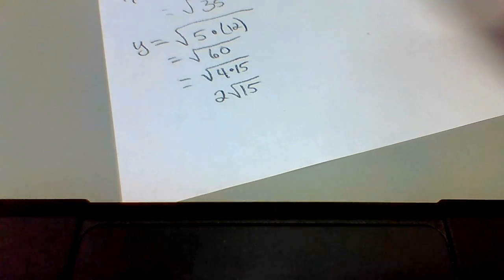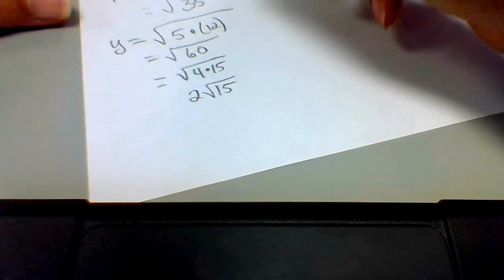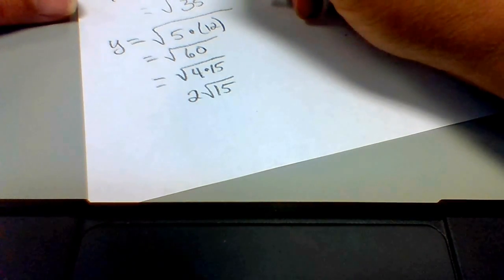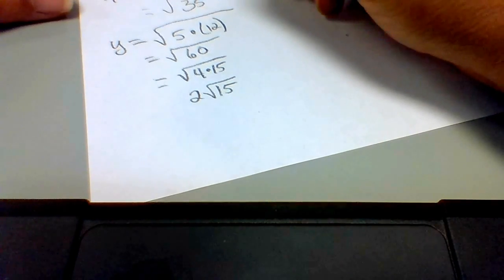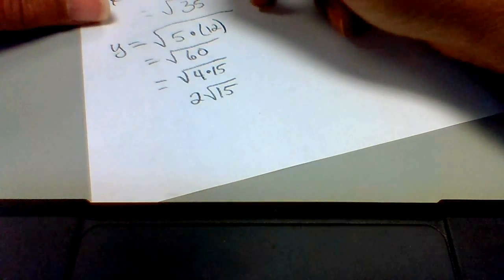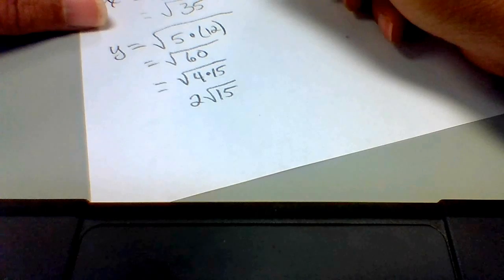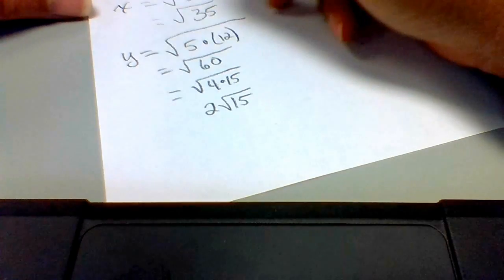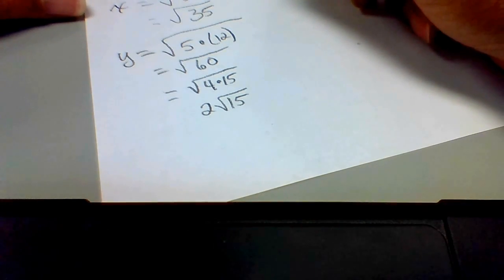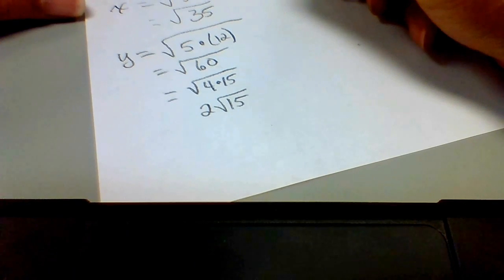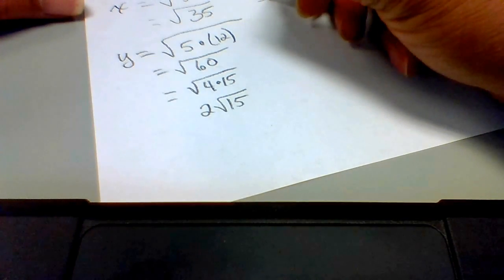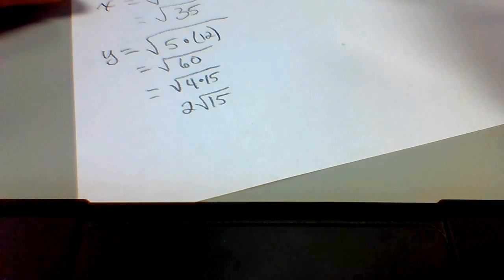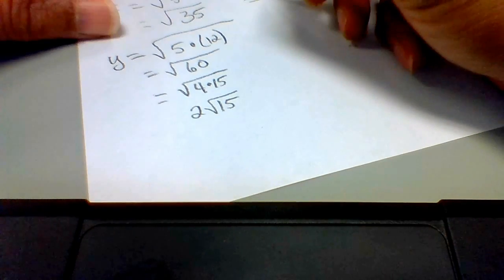And if I look at Z, it will be the same thing. Z is going to be the closest one, which would be 7, times the total amount, which is 5 plus 7, which is 12. And so then that would give me the square root of 84.